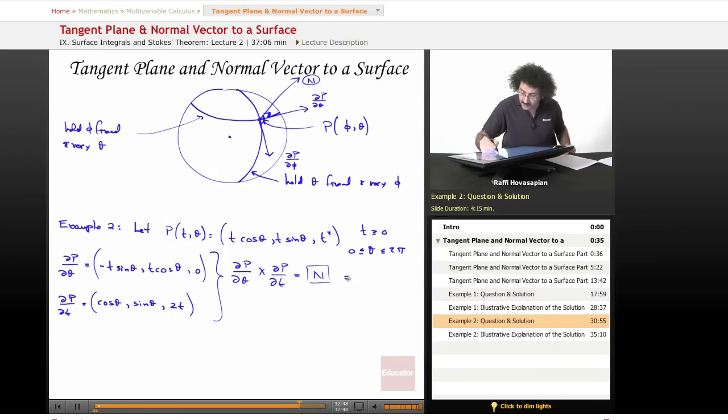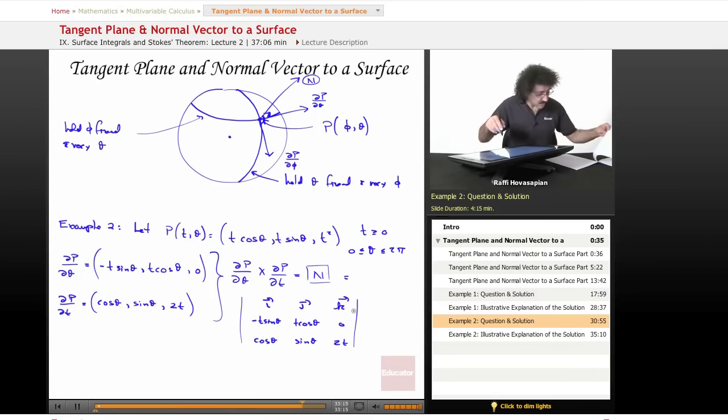Well, that's going to equal i, j, k, my symbolic representation, then minus t sine theta, t cosine theta, 0, and cosine theta, sine theta, 2t. I take the symbolic determinant of that, expanded along the first row.